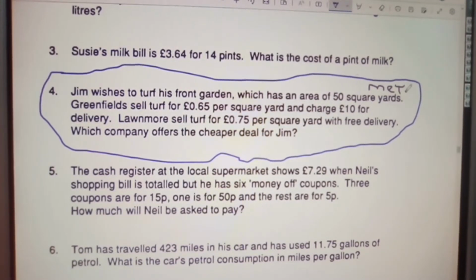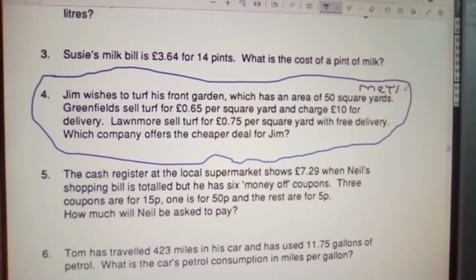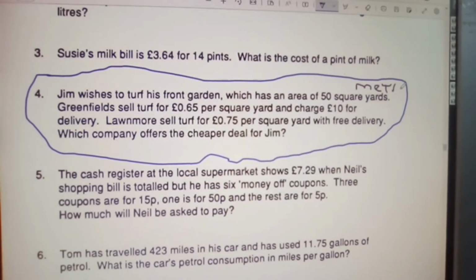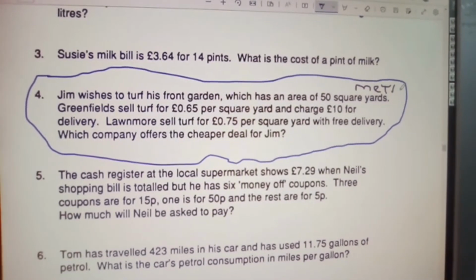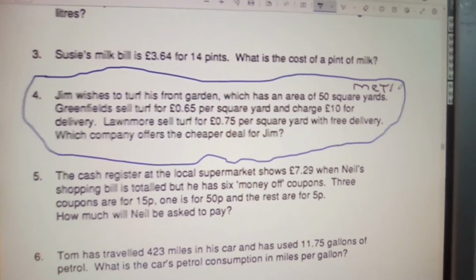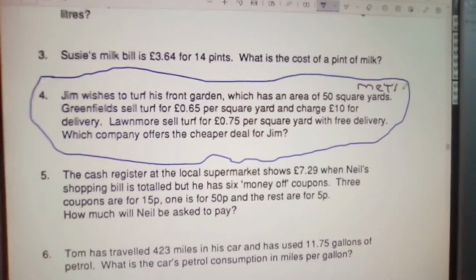M-E-T-R. Meters. Goodness me, I forget how to spell meters. M-E-T-R-E-S.